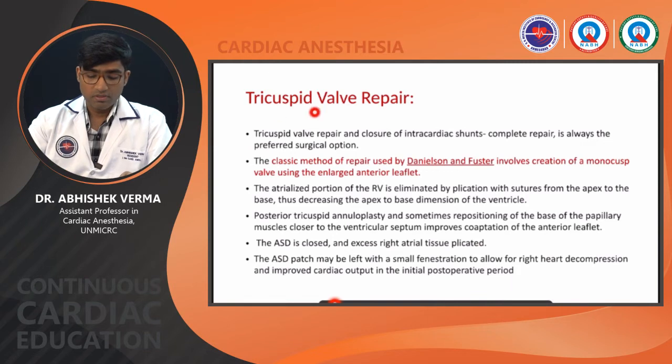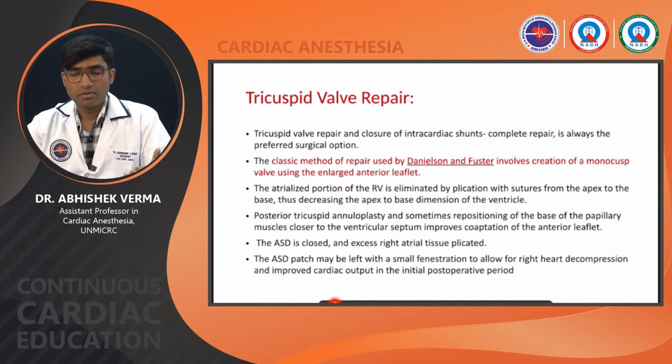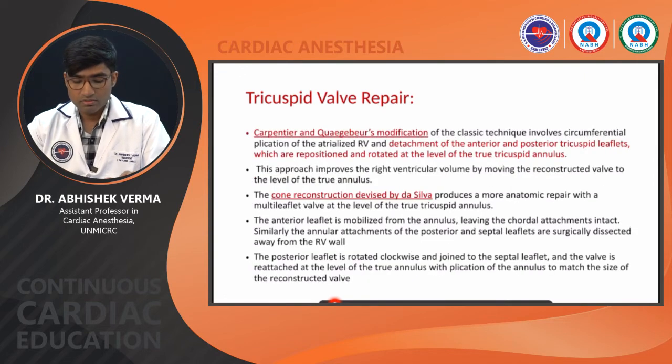For tricuspid valve repair, there are many procedures on the basis of which you can repair the tricuspid valve. Like Danielson and Fosters, they create a monocusp valve using an enlarged anterior leaflet. Then Carpentier and Kirklin's modification, they also detach the anterior and the posterior tricuspid leaflets and reposition, rotate them at the level of the true tricuspid annulus.